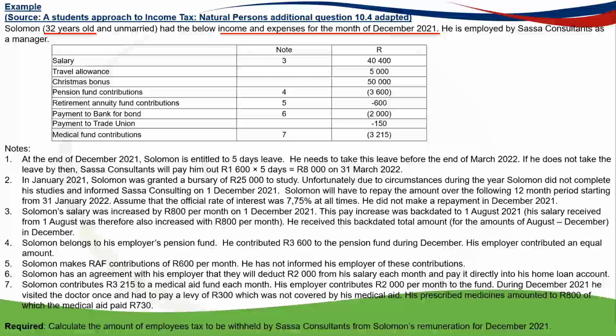Remember, as I said when we read through the scenario, that these amounts are monthly amounts. The Christmas bonus, that 50,000 over there, is an annual amount which should not be included in the monthly remuneration calculation.